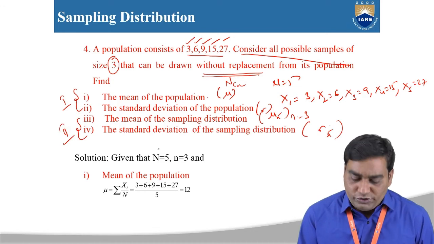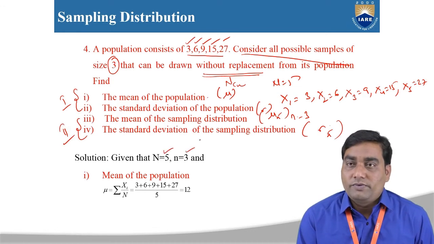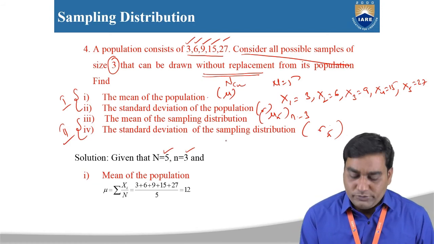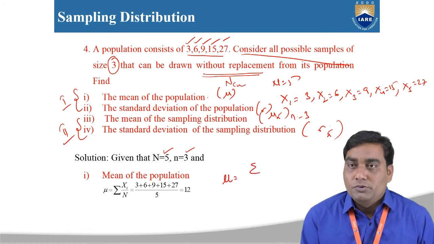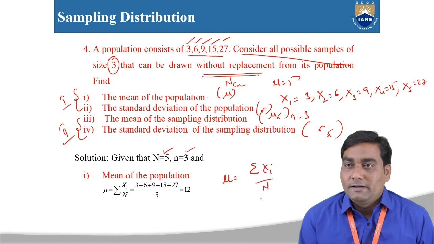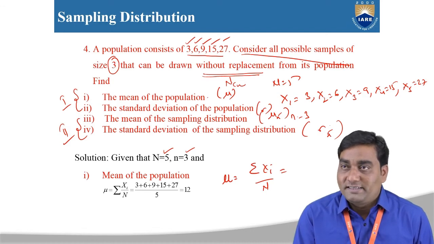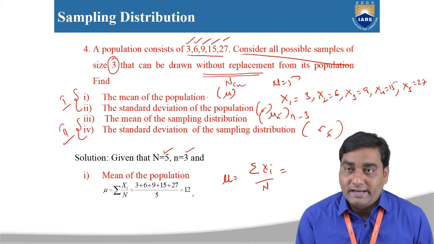Now, in the solution, given that capital N equals 5, small n equals 3, the first two we can find very easily by using the formula mu equals sigma xi by n, where sigma xi is x1 plus x2 plus x3 plus x4 plus x5. That means 3 plus 6 plus 9 plus 15 plus 27 by 5.